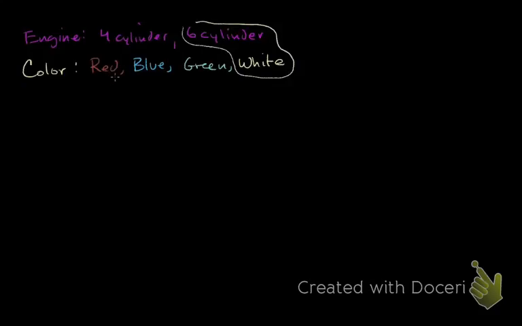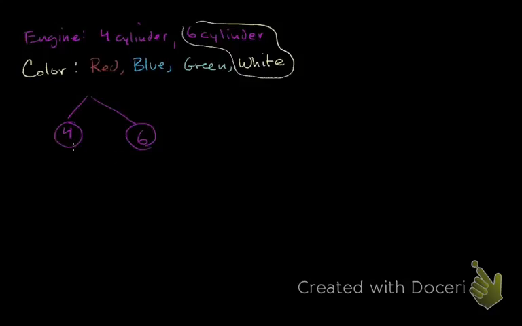Well, one way to think about this is, what are all of the equally likely possible outcomes? And then which of those match a six-cylinder white car? Well, first we could think about the engine decision. So the first decision is the engine. You're going to get a four-cylinder engine, or you're going to get a six-cylinder engine.